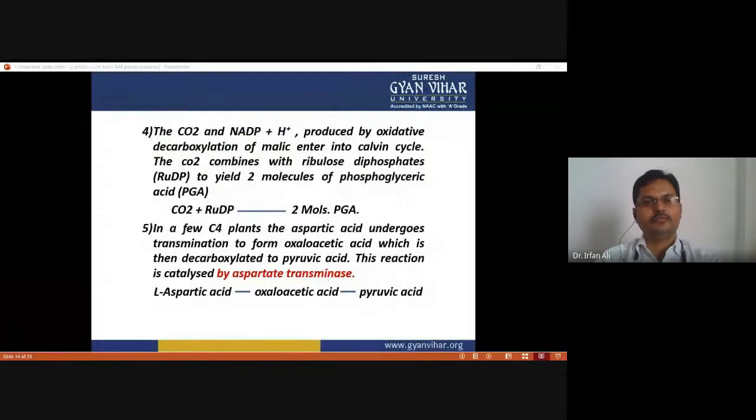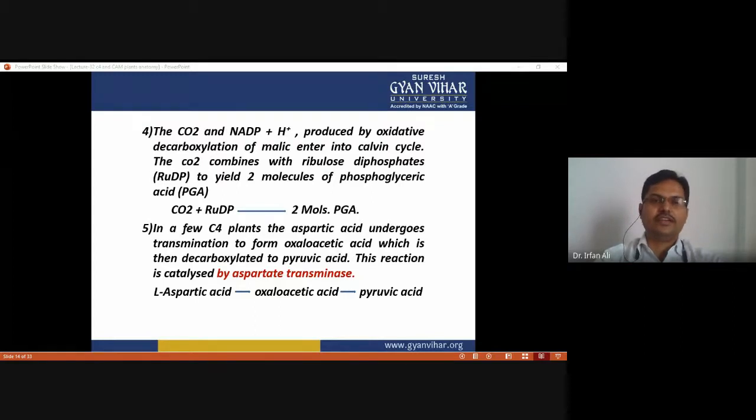Now the carbon dioxide and NADPH produced by oxidative decarboxylation of the molecule enter into the Calvin cycle.